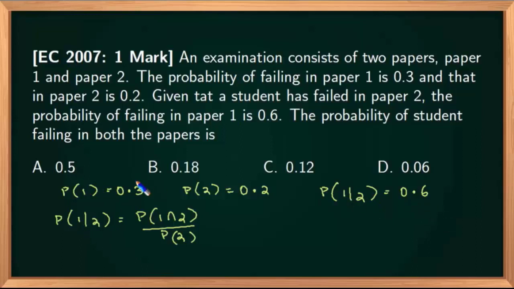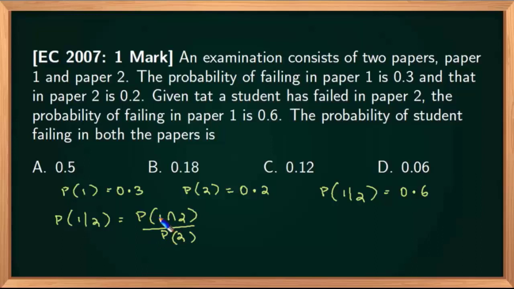So it is 0.6, which is not 0.2 or 0.3. Now P of 1 given 2 can be written as P of 1 intersection 2 divided by P of 2. What it means is that the probability of failing in paper 1, given that the student has failed in paper 2, will be equal to the probability of 1 intersection 2 divided by P of 2.